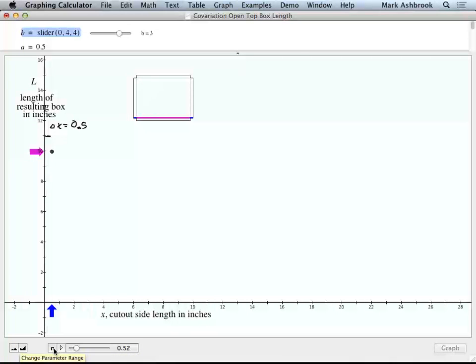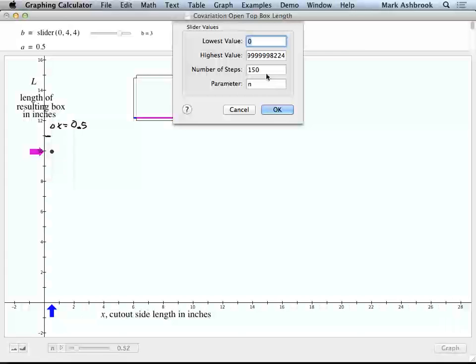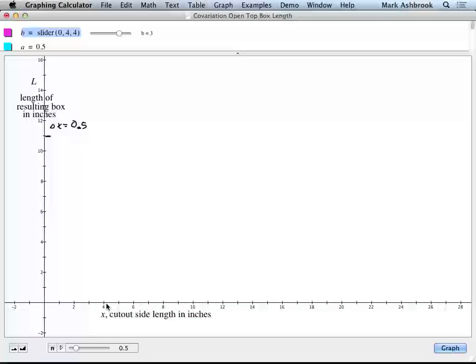Okay, so let's see if I can do this a little bit better here. Does that work? Yeah, that works.